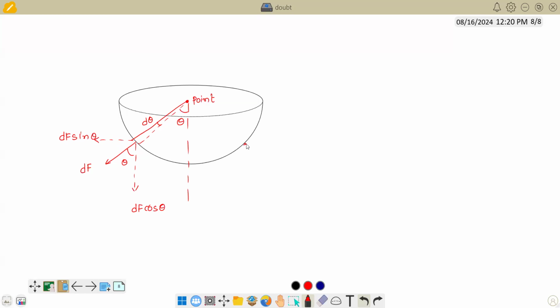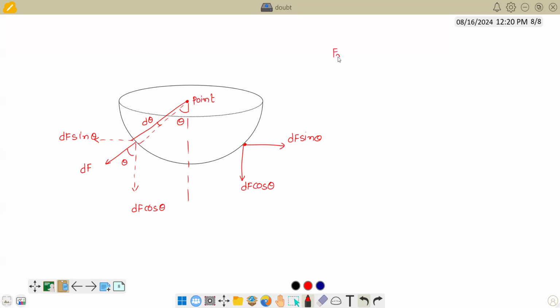Similarly, here also there would be an exact point which will give me dF sin theta and dF cos theta. So between this, the dF sin theta components would cancel each other. The dF cos theta components would add to each other.